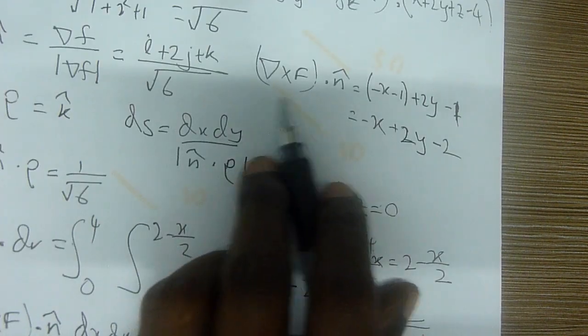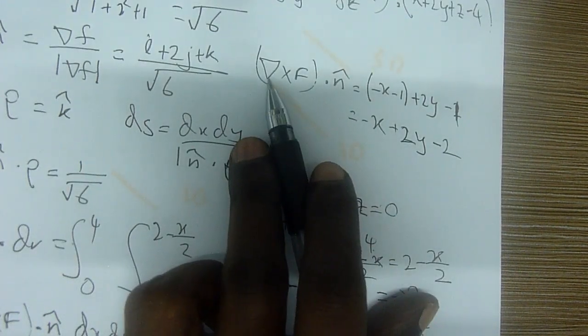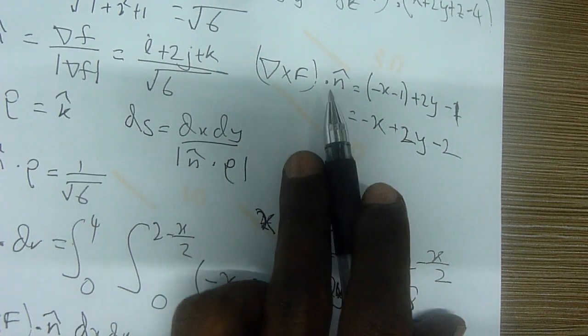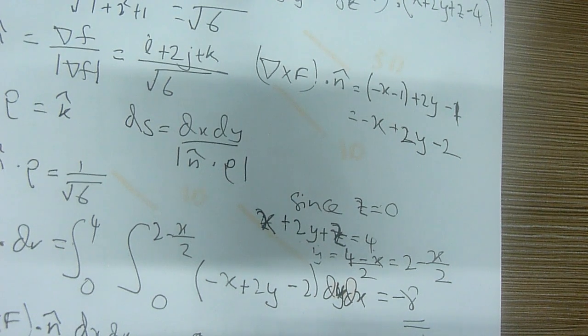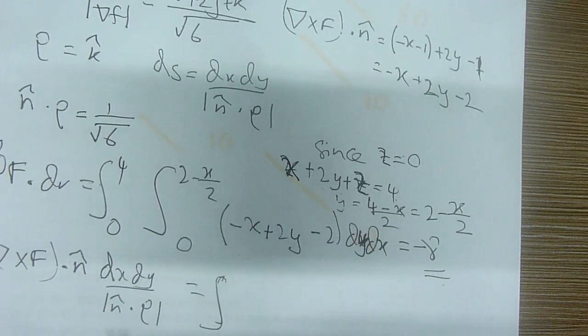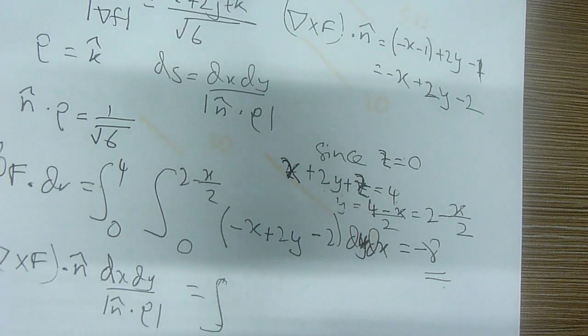Actually the results come from here: curl dot product with the normal, therefore you get this. Done. One solution finished. Successfully finished one portion.